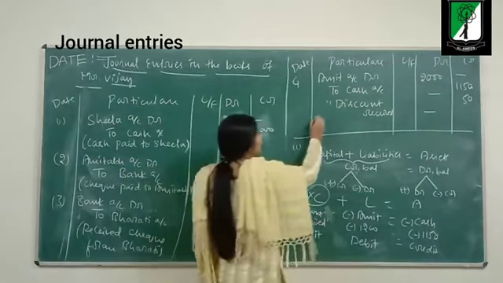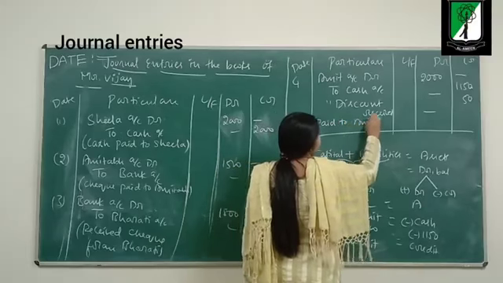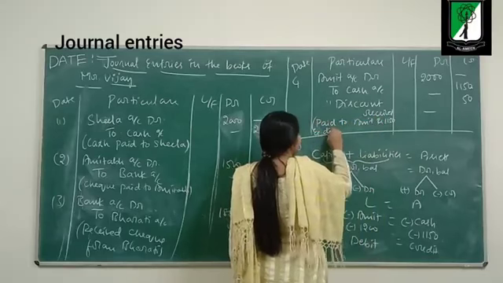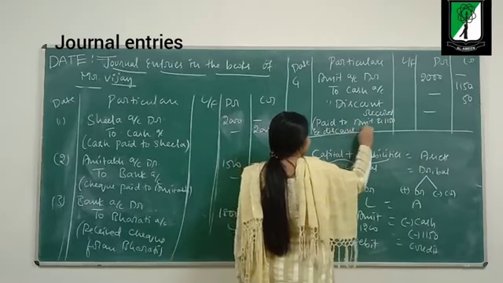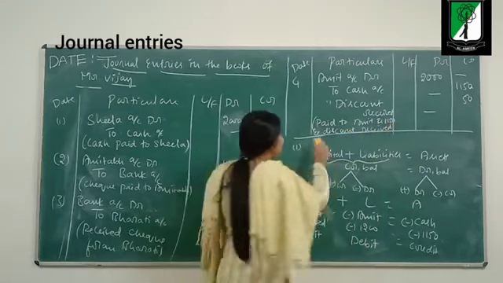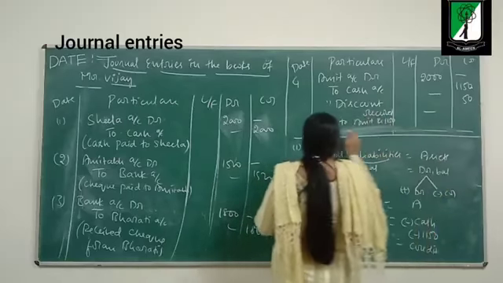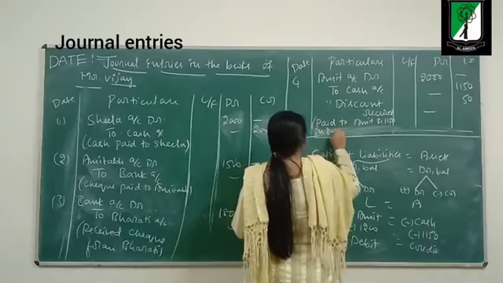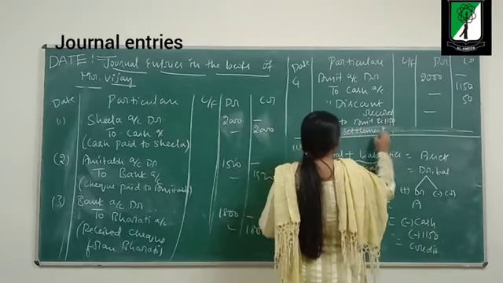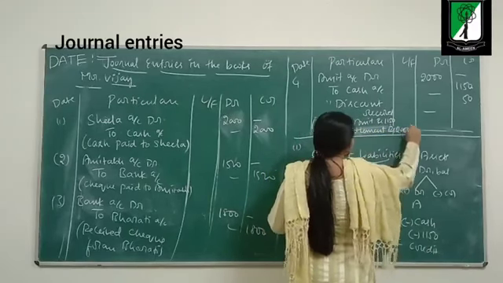So the narration: paid to Amit rupees 1150 and discount received. Or you can write paid to Amit rupees 1,150 in full settlement of rupees 1,200.